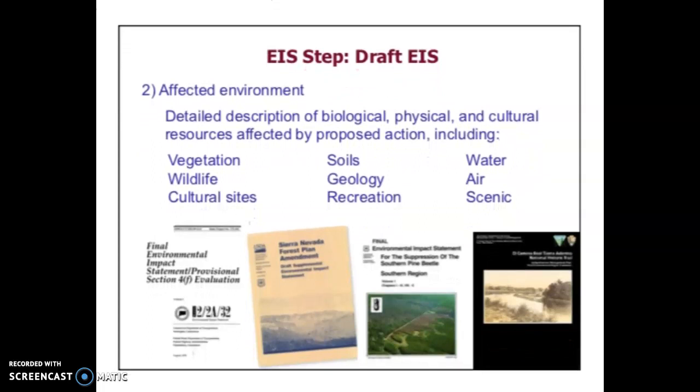So another component is the affected environment. So we have a detailed description of the biological, physical, and cultural resources affected by the proposed action. And as you'll recognize from our previous lecture when we were talking about the human environment and how that's defined, these are some of the examples that may be impacted from a proposed action.